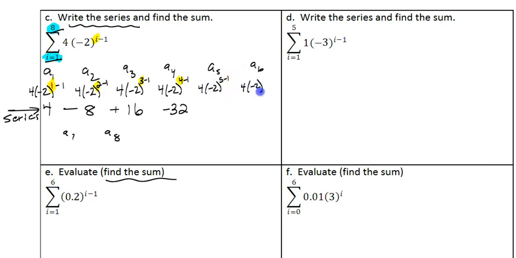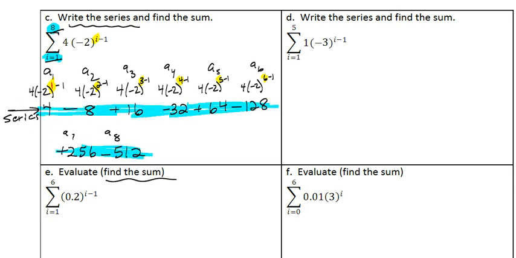So every single time, and again, your choice, you don't have to write all of these out if you are understanding what's going on here. And for the rest of them, I end up with 64, -128, 256, and -512. So me writing this out right here, this is me finding the series. So that's my answer for this part of the question.